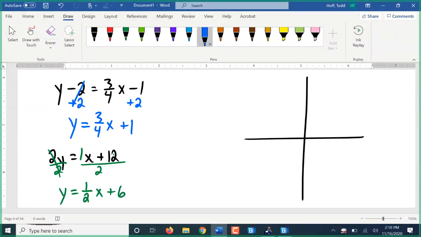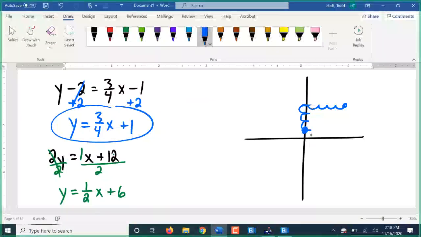So we'll graph these. This first one here, we start at a positive 1. And we rise 3, and we run 4. And I get a line that goes through those points.